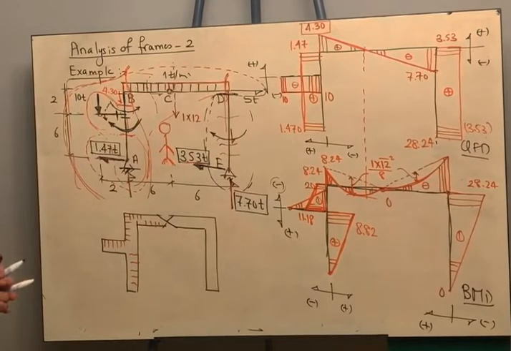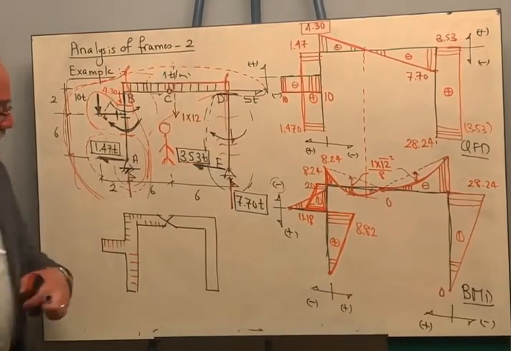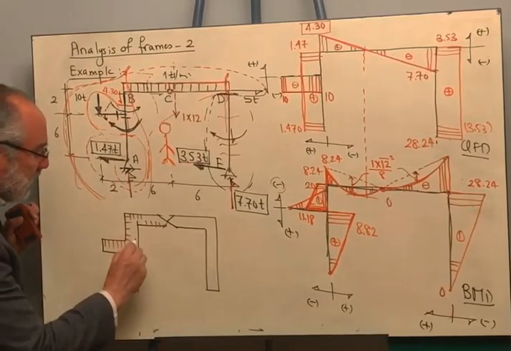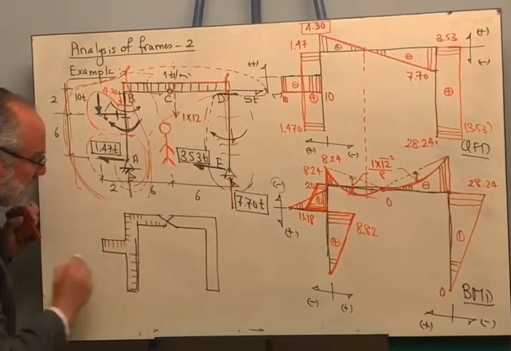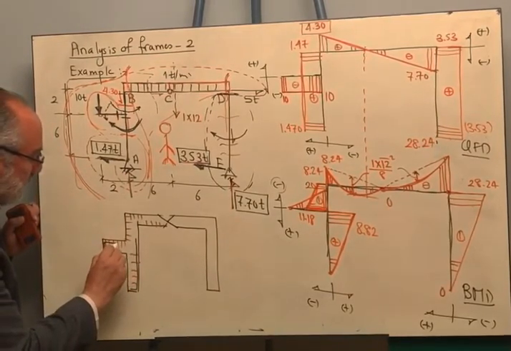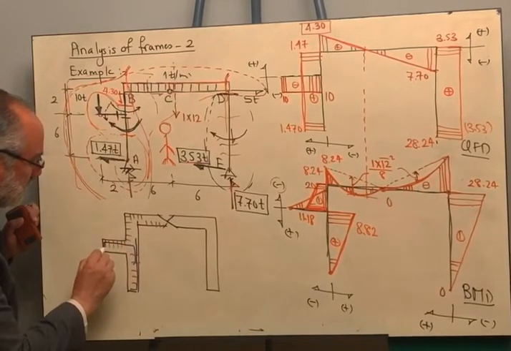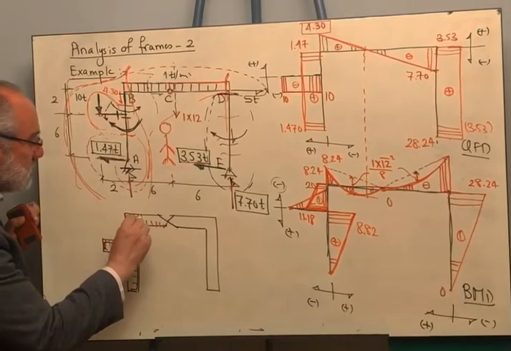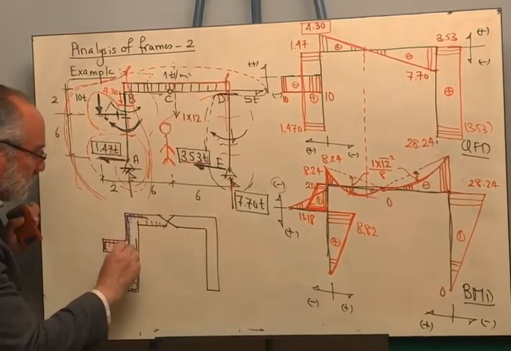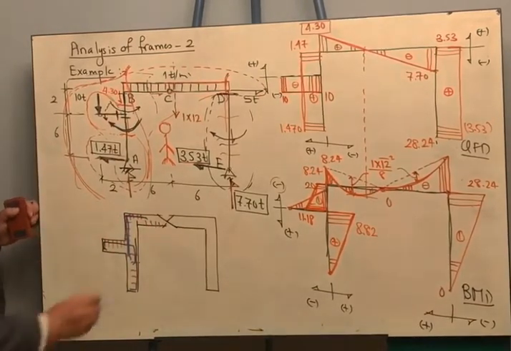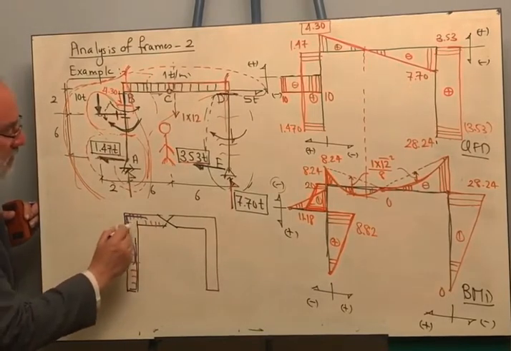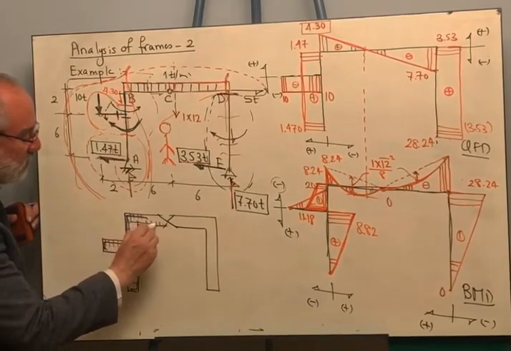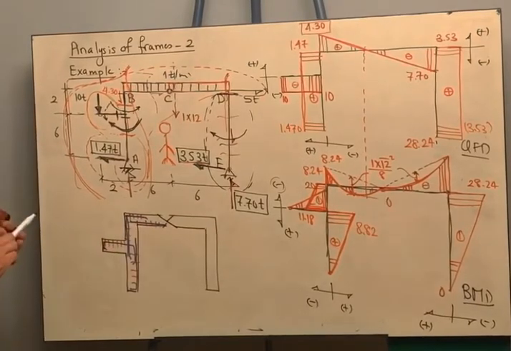So if I want to locate the reinforcement, it will be like this to close the cracks. The reinforcement in the cantilever will be like that to close the cracks, and here the reinforcement will be like this to close the cracks. And in this part, we are having the tension at the lower fibers, or at the bottom fibers, so we should have bottom reinforcement here.